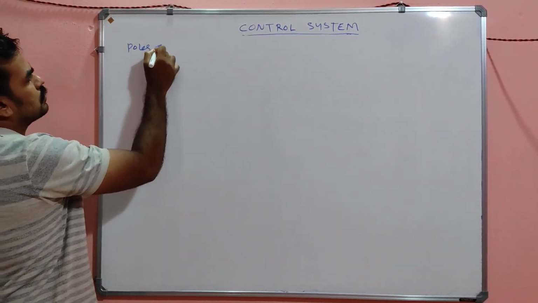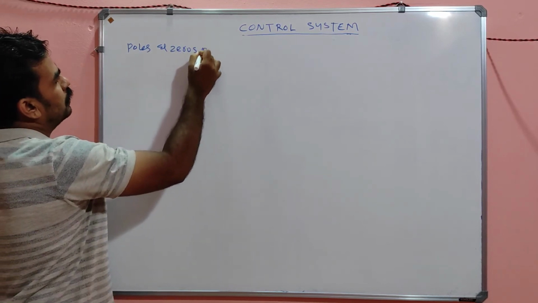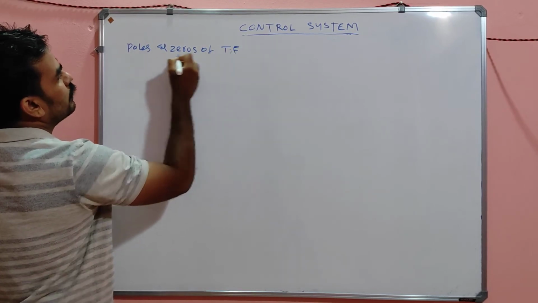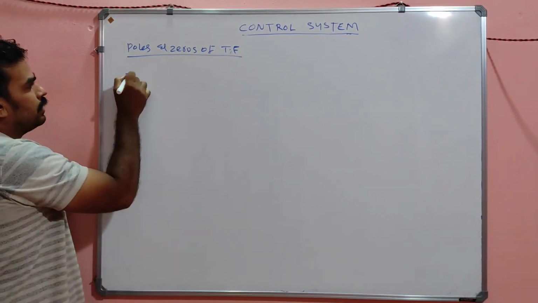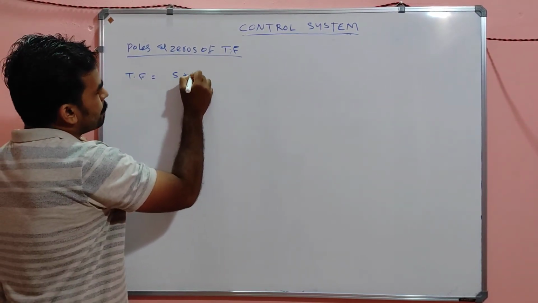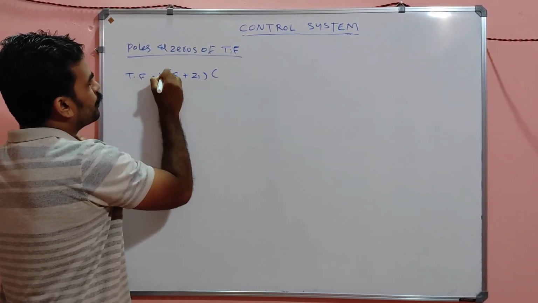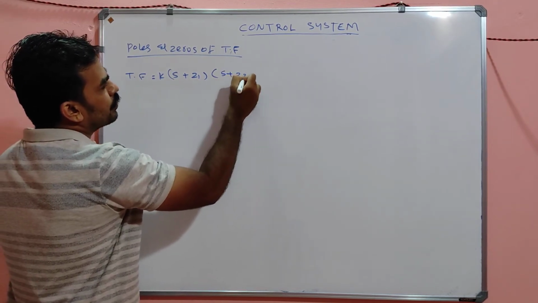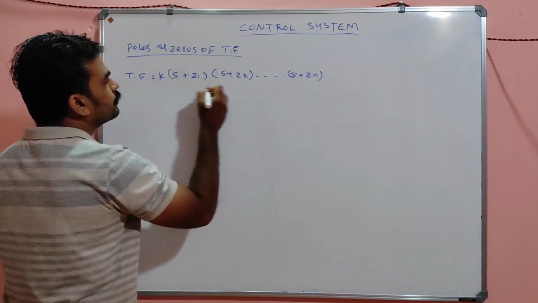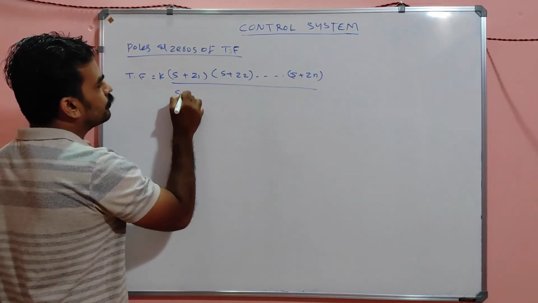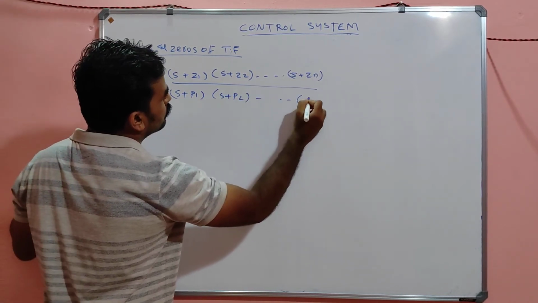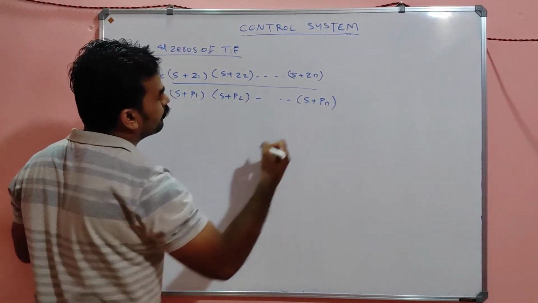Poles and zeros of a transfer function. See, my dear, a transfer function is generally represented like this.